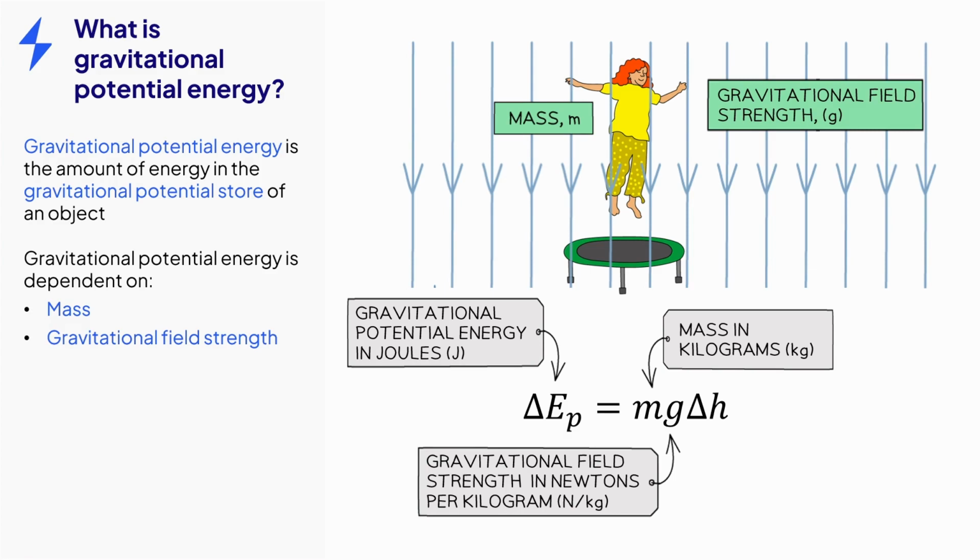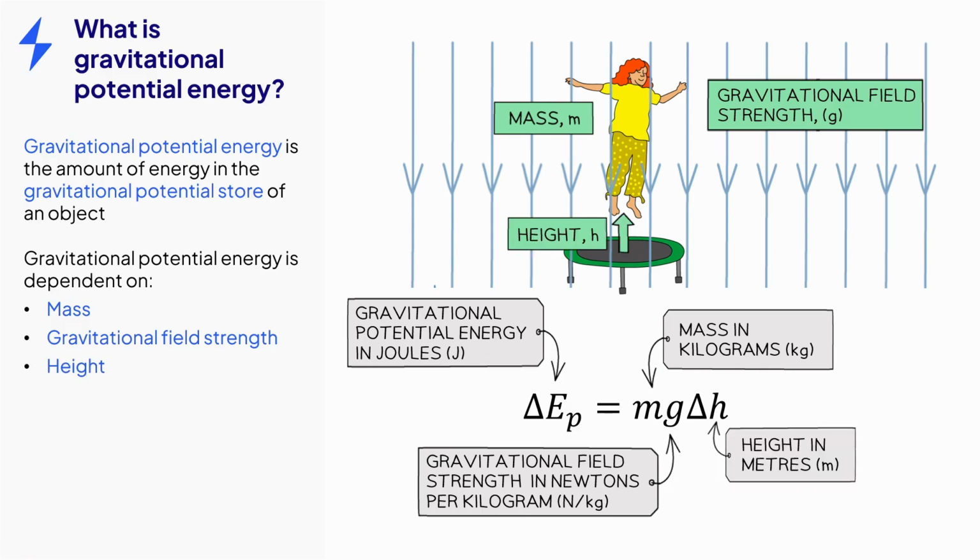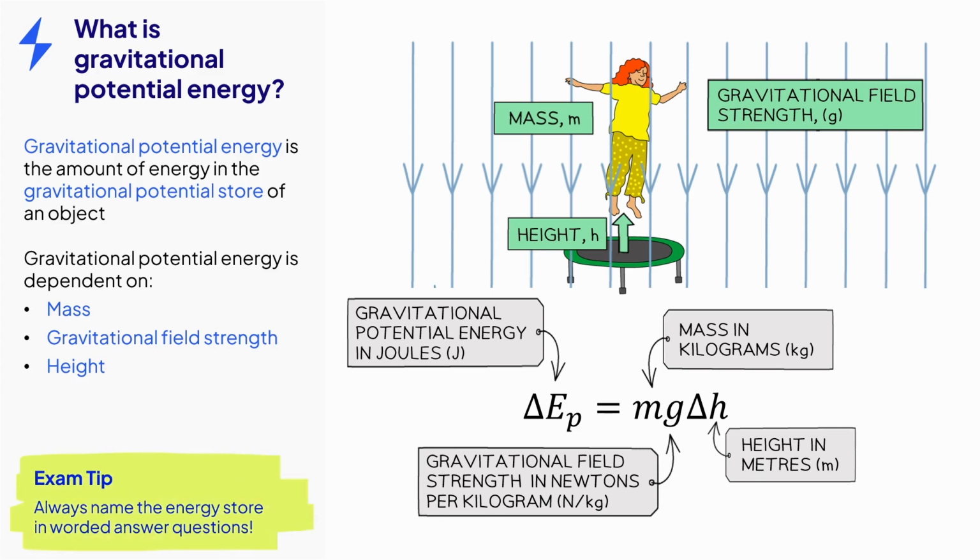For example, it's 9.8 newtons per kilogram on Earth, but only 1.6 newtons per kilogram on the Moon. And the change in height as the object moves through that gravitational field. Although we talk about gravitational potential energy when we're using the equation, always remember to use the energy store terminology when answering worded exam questions.